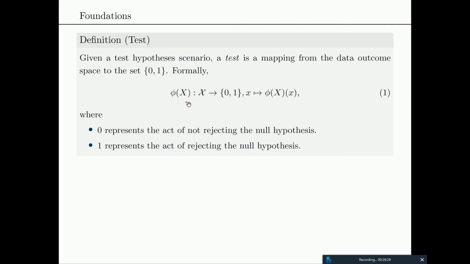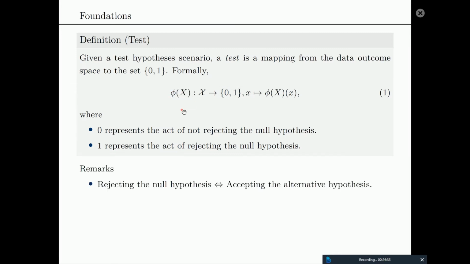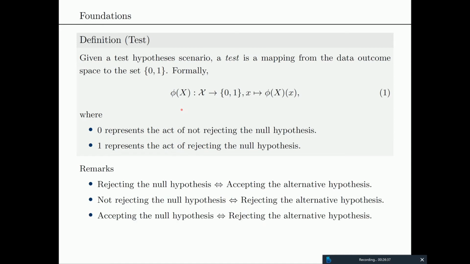For some time I found it helpful to have this explicitly there. It's always equivalent, and this is the most important thing, because the data are random. The test, and specifically the test outcomes, are also random variables, and you can make statements about the test outcomes.